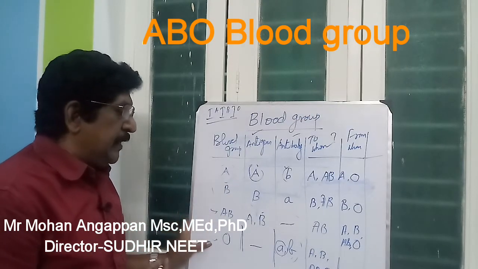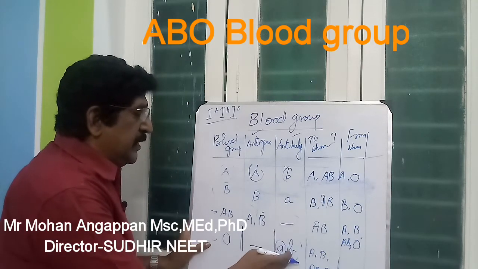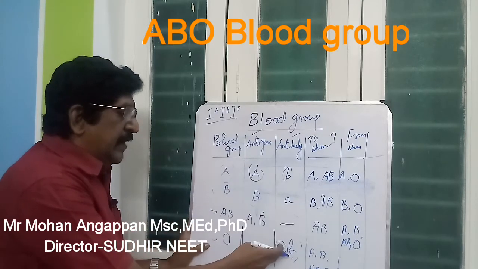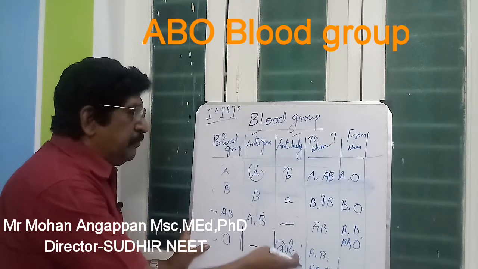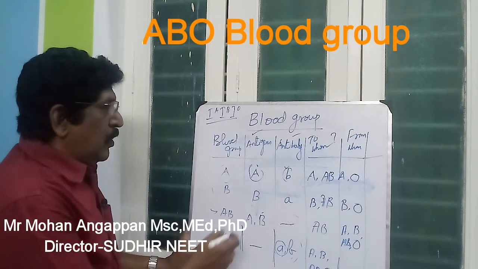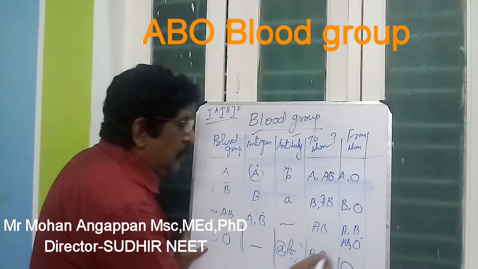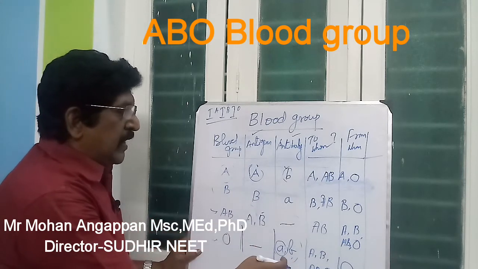What about O group then? So here both the antibodies are present. So whatever the A antigen will react with the antibody A, B antigen will react with the antibody B. So O can get blood only from O. Because if A gives blood to O, what happens?